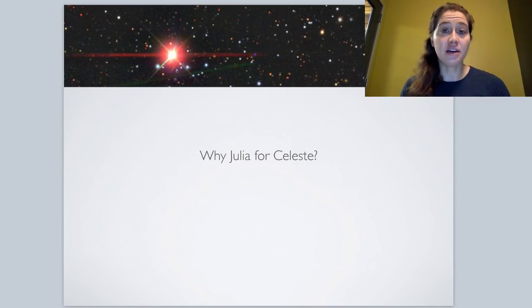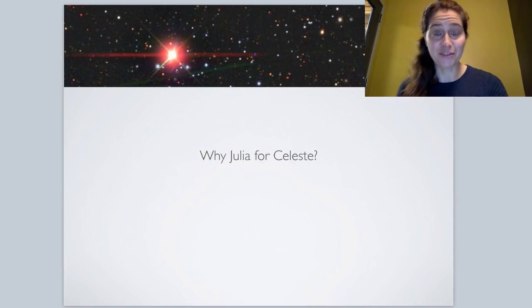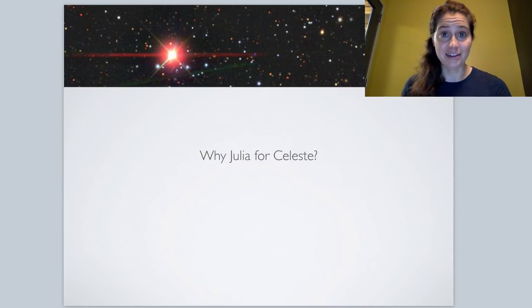Maybe the project got done a little earlier than it would have otherwise if multiple languages had been needed, because maybe the developers were able to skip a step because they didn't have to translate, for example, their MATLAB code into their C code. So maybe they finished the project a little earlier than they would have if they hadn't used Julia.